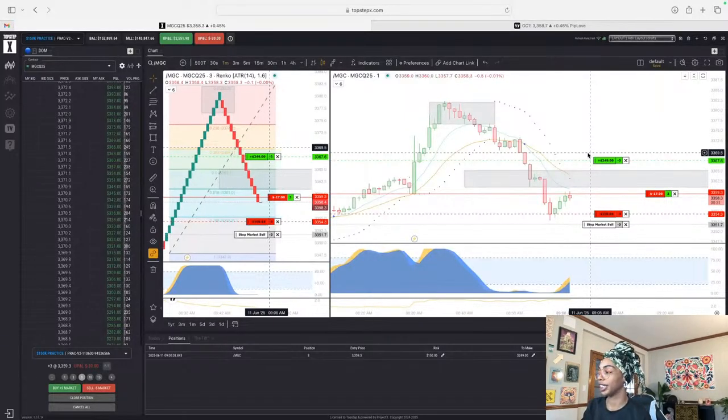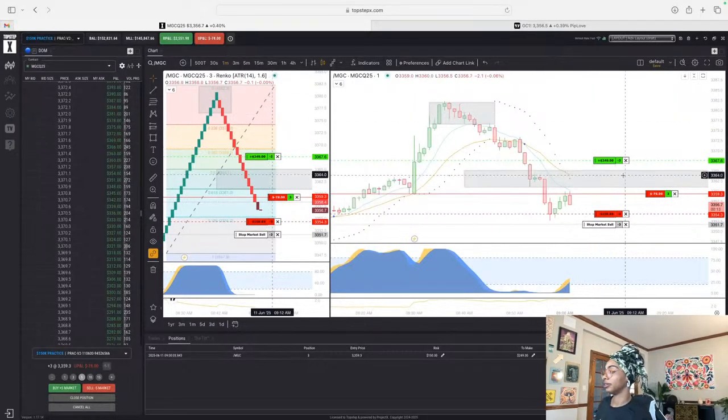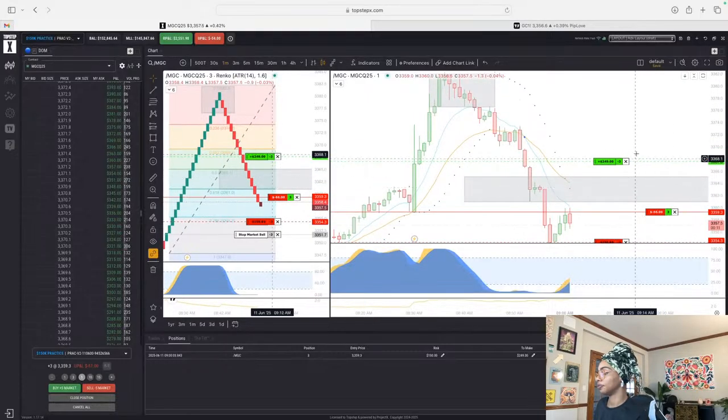We looked at market structure. We popped straight into the 5 minute and utilized our pivotal levels and our EMAs, our structure here, and just stayed on the right side of the market and took our move.